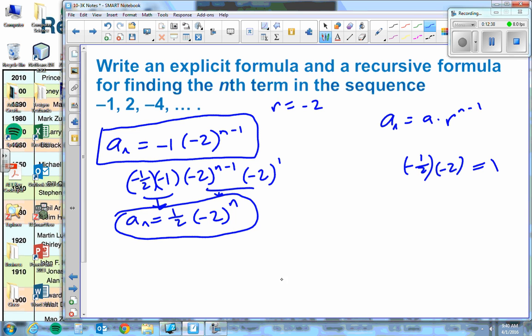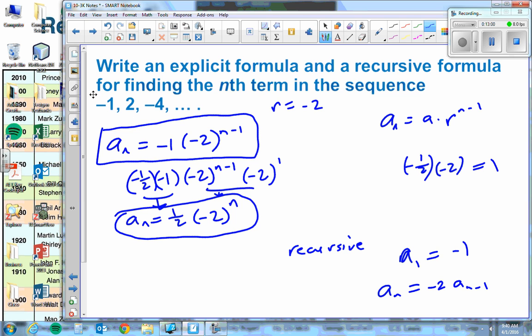Now the recursive formula, which is really easy. You start with not R, but the first term being -1. And then how do you get the following terms? You keep multiplying by -2, right? So you say, okay, -2 times the previous term is how I compute the next term.